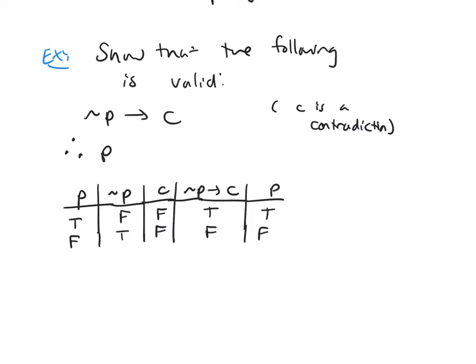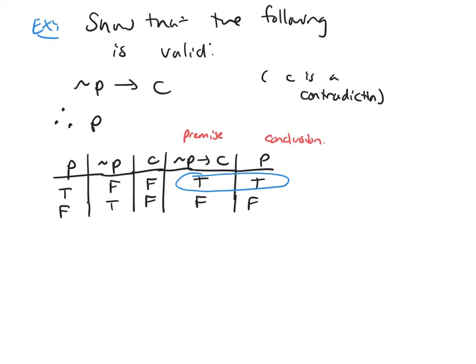So here is your, remember this is your premise, this is your conclusion. So you're going to circle your critical rows. I only have one critical row right there. And if I look, my conclusion is true.